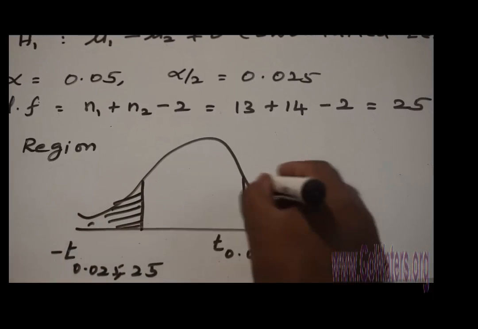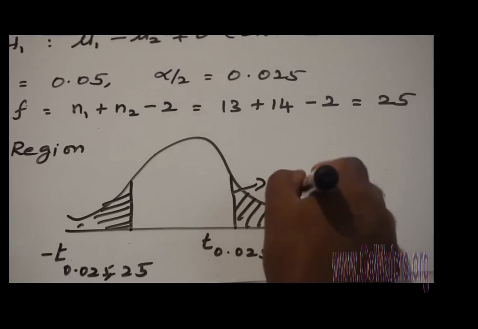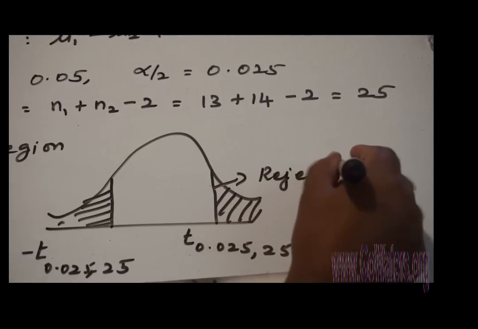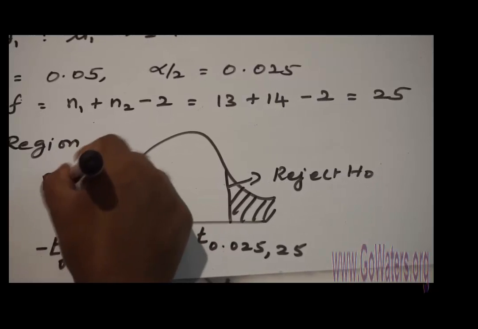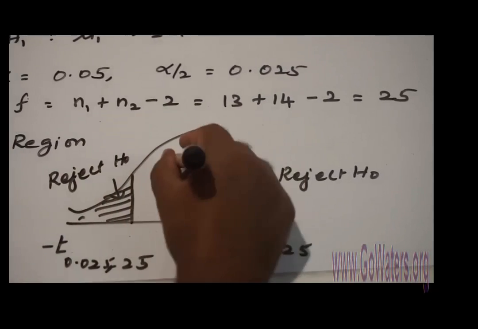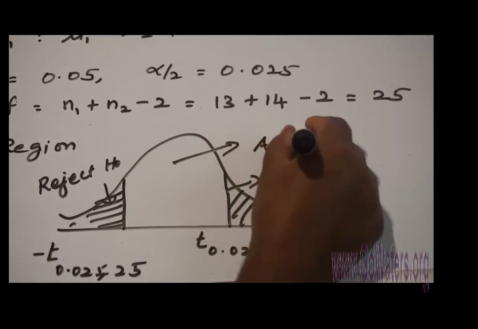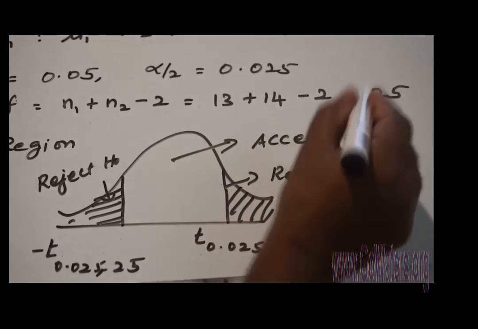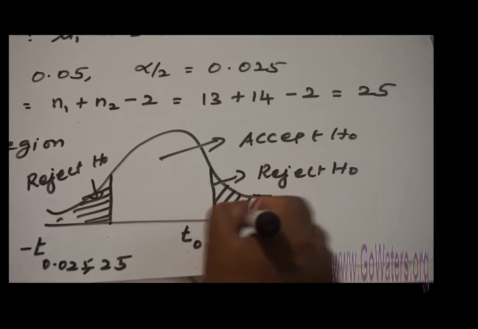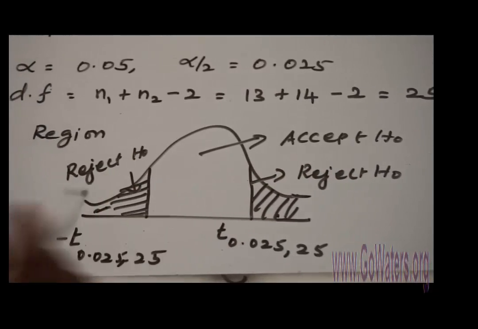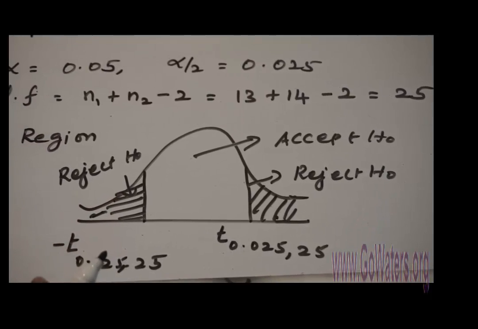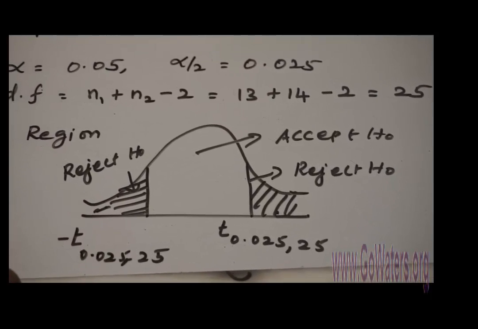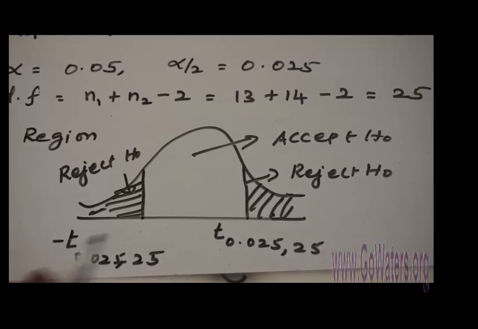Here you reject H0, here also reject H0, and in the middle you accept H0. So if the test statistic falls here or here, you reject the hypothesis. This value you have to read from the table, which I will do in step 4.